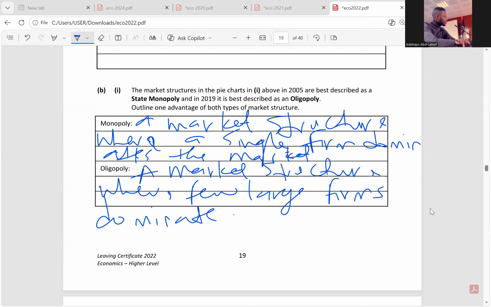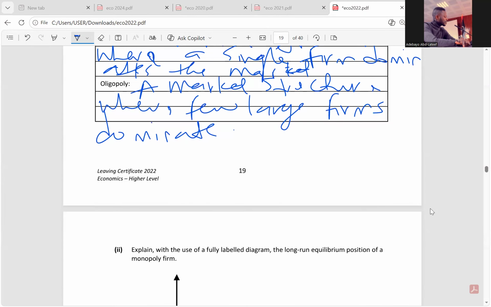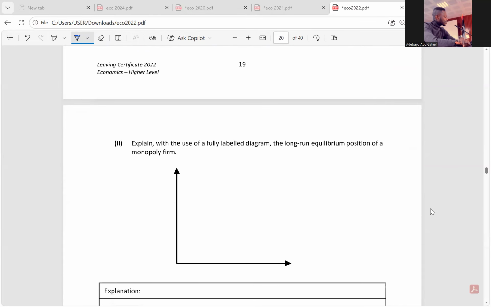That's oligopoly. Copy our market structure. Go to Roman figure 2.